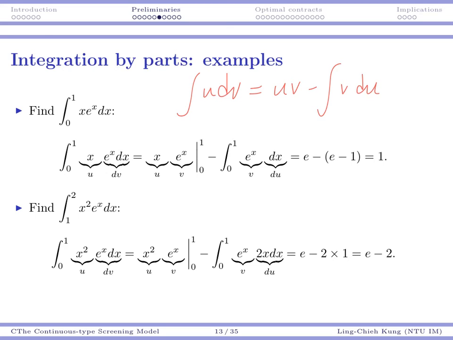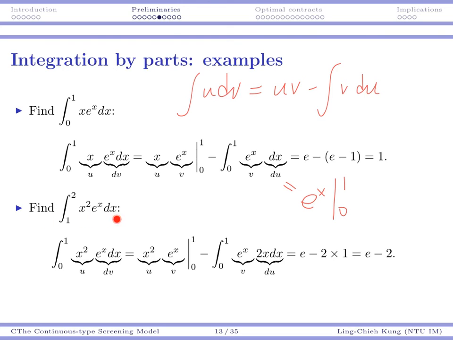Okay, that's how you find v according to dv. So once you do that, then the first part can be calculated. You plug in 0, you get 0. You plug in 1, you get e. And the second part can also be done because you know how to do this integration. This integration simply gives you e to the power of x from 0 to 1. So you again plug in and you get e minus 1. Eventually you get 1 as the outcome.